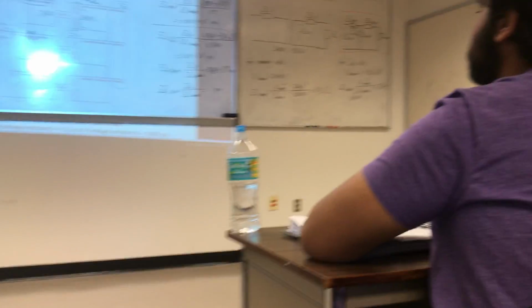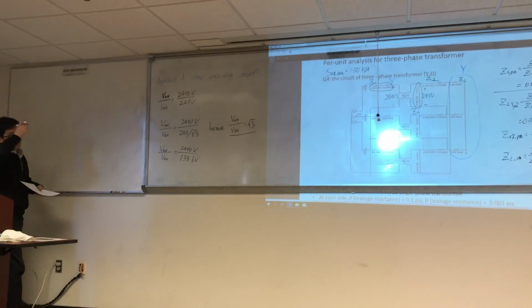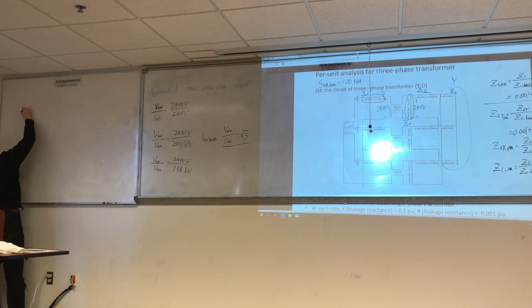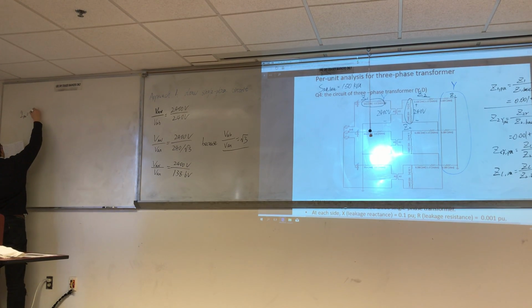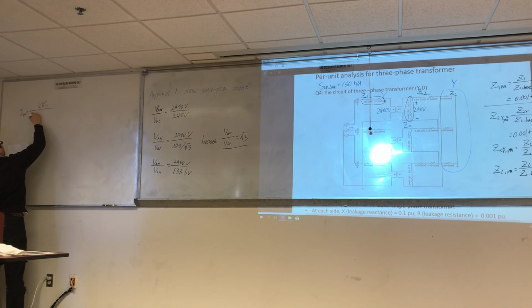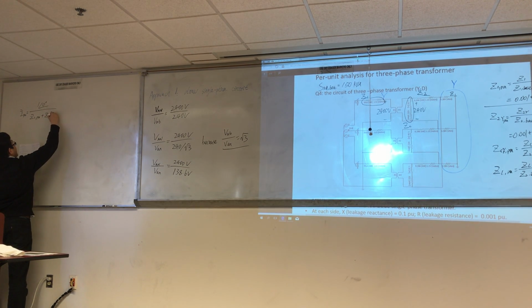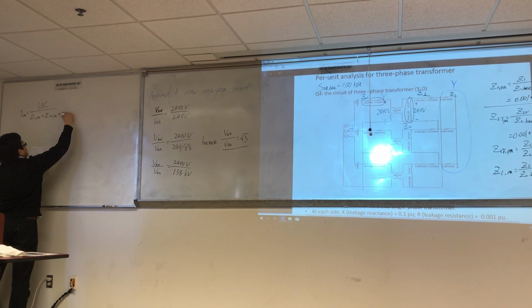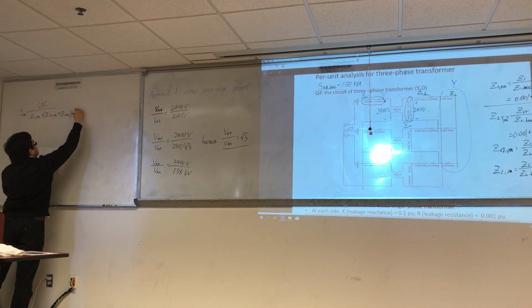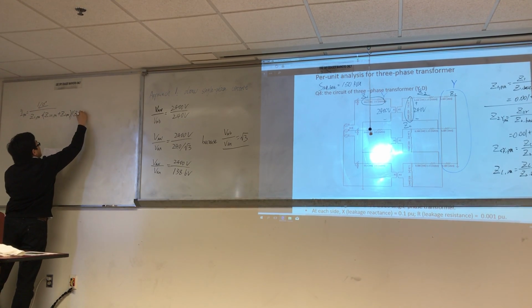When you try to find the power, find that current first. So your current per unit equals your voltage divided by your impedance: Z1 per unit plus Z2Y per unit plus Z load per unit, which is in parallel with your ZCY per unit.